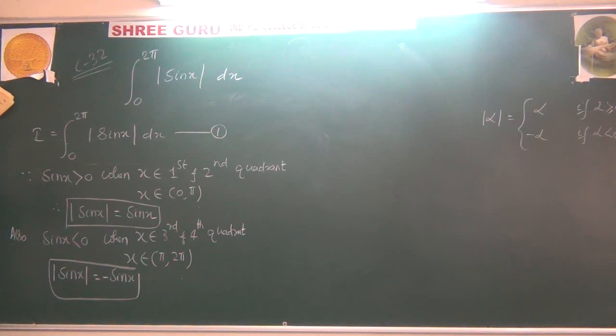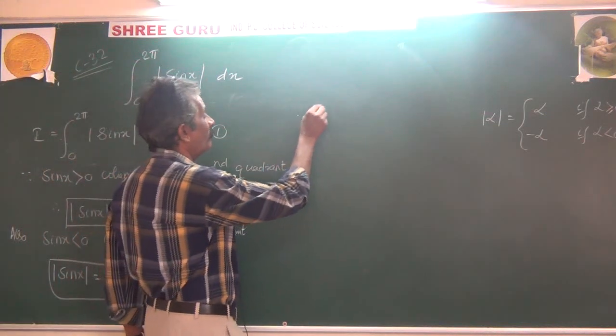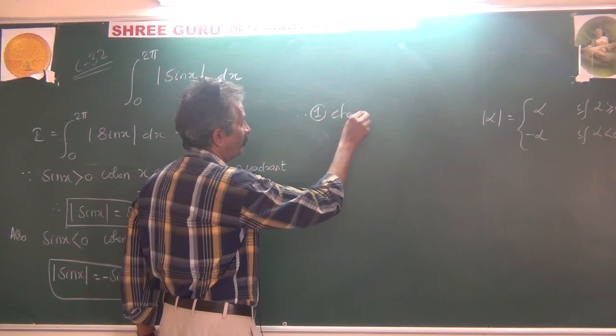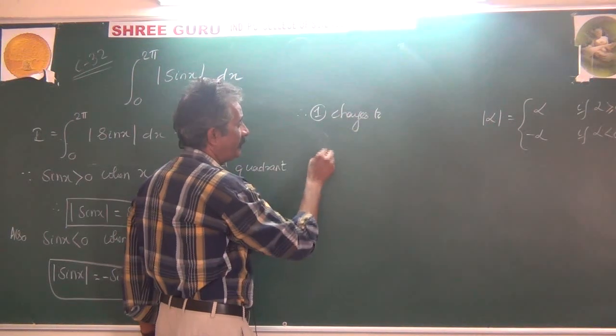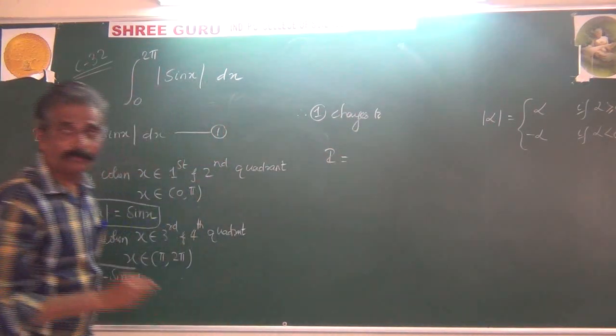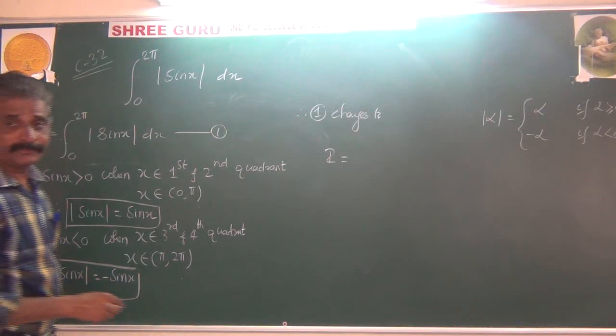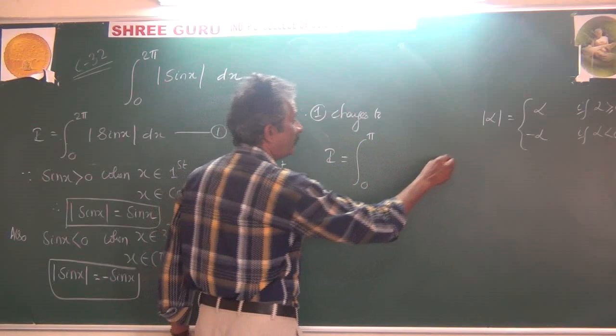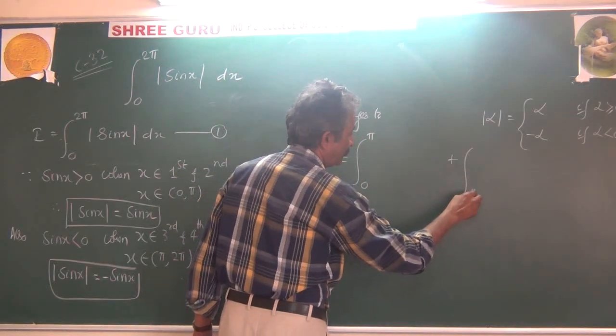With all these results, our integration I changes. Therefore, now I equals: we have to break the interval, first interval 0 to pi plus second interval pi to 2 pi.